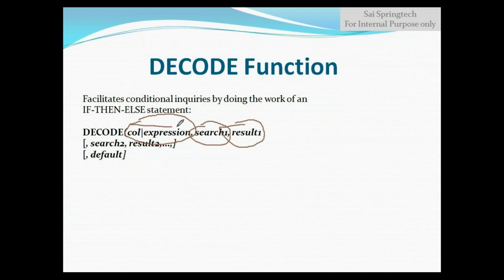If this column expression is equal to search 2, then do result 2, and so on, right? And then in the end, you can say default. Default means if none of the above searches were found, then do this.